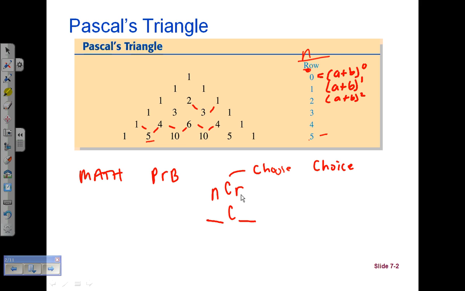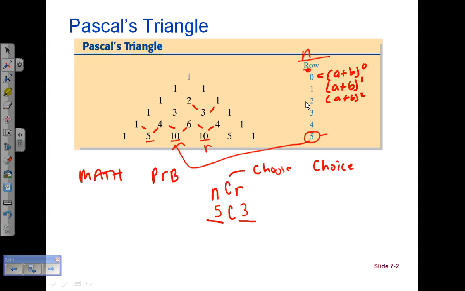So whatever row you want, that's the n, and this is the r, or the choices. So in other words, if I type in my calculator, 5 choose 3, I'm going to go to the 5th row, 3rd term. And if I do 5 and 3, I hope this works, I haven't tried it before, it is 10.